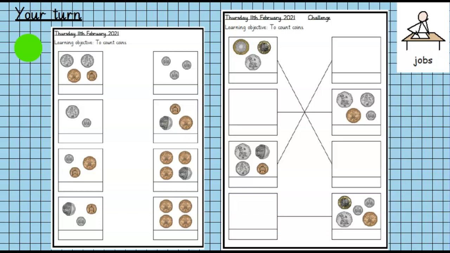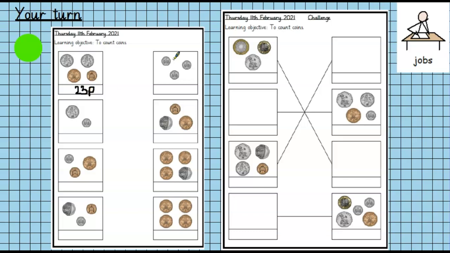So, this time, can you count the amounts of money in each box and write the correct amount underneath? So, for example, here I have 10p and a 10p. 10 and 10 makes 20, and 2 more than 20 is 22, and 1 more than that is 23. 23 pence.